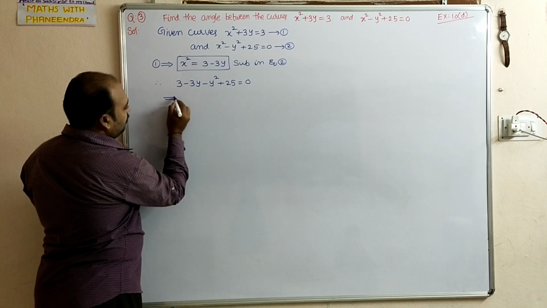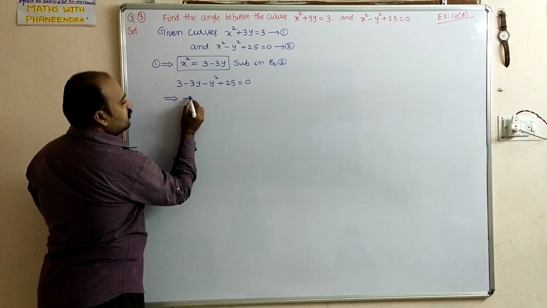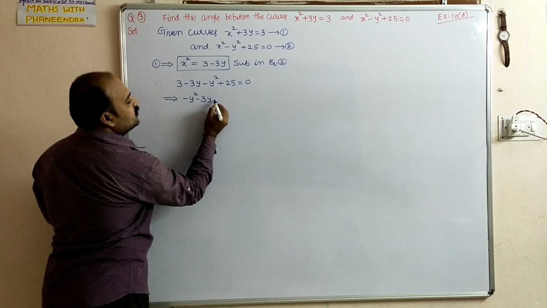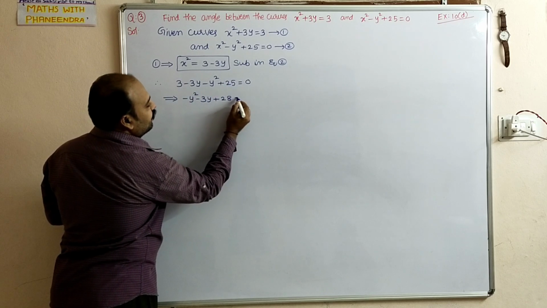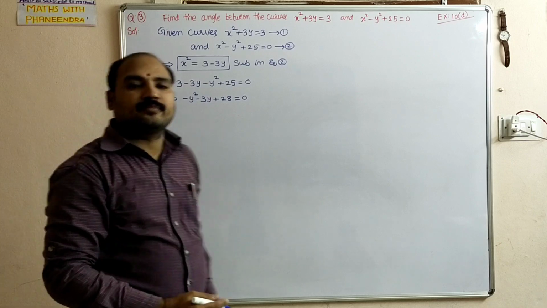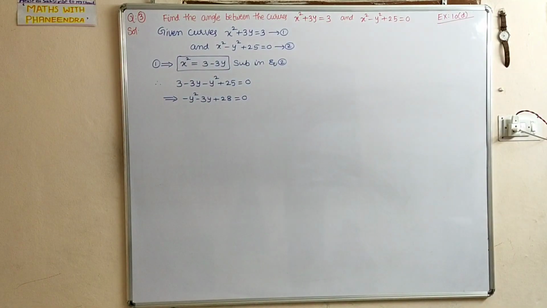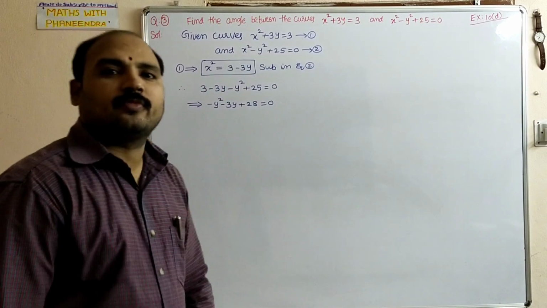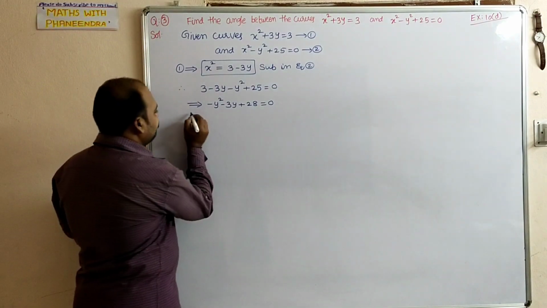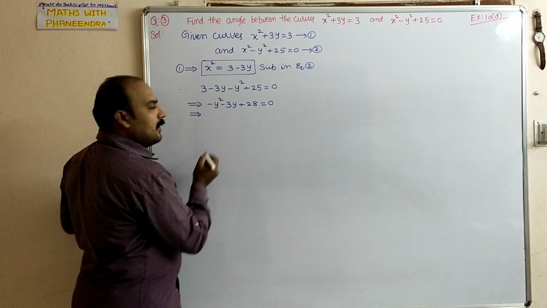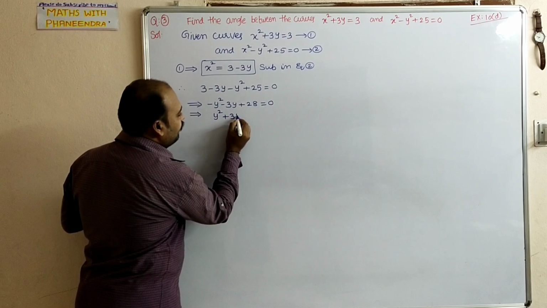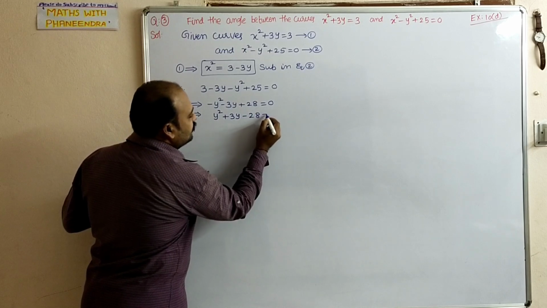That implies that first y square term minus y square minus 3y, 25 plus 3 is 28. The next step, multiplying by minus, it becomes y square plus 3y minus 28 equal to 0.